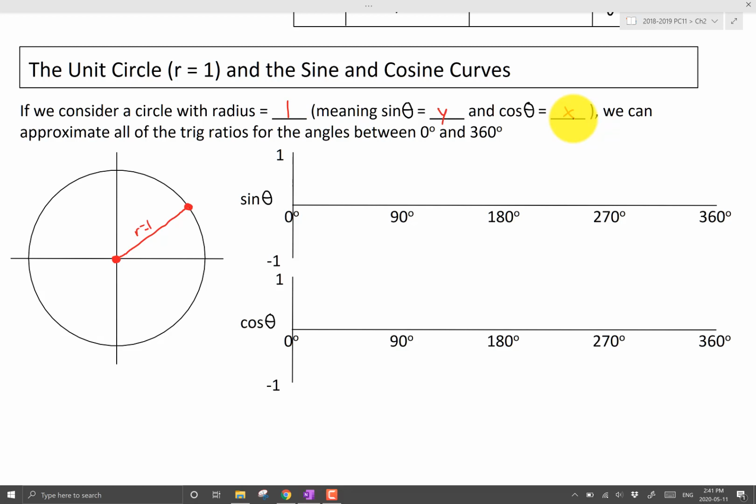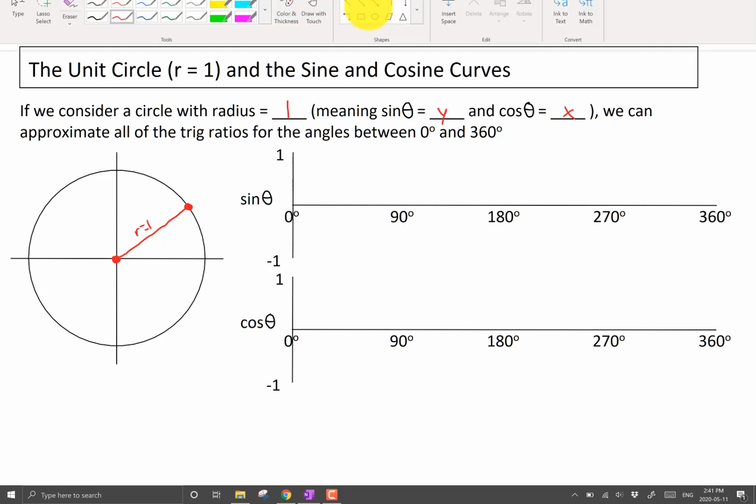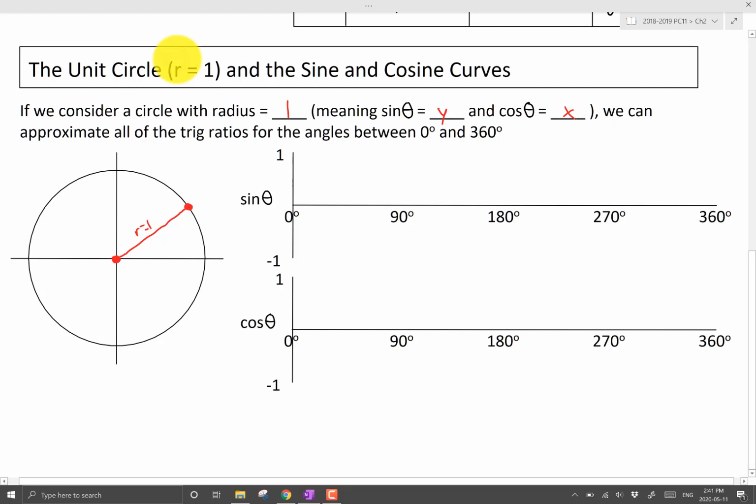See if you can follow me here, but let's give you an idea of what this would be. I'll use my green pen for the sine, what we call the sine curve. We learned that if we have a 0-degree angle right here, the y-coordinate is 0. So at 0 degrees, the sine ratio is 0.